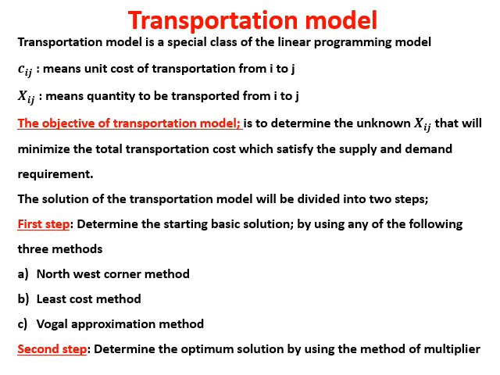We have Cij, which means the unit cost of transportation from source i to destination j. And we have Xij, which means the quantity to be transported from source i to destination j.